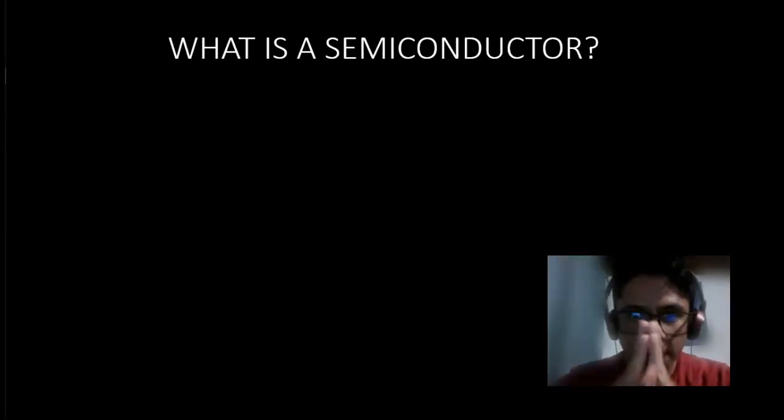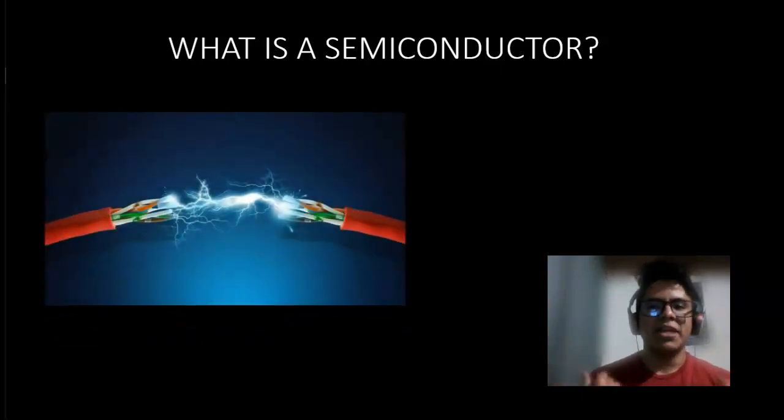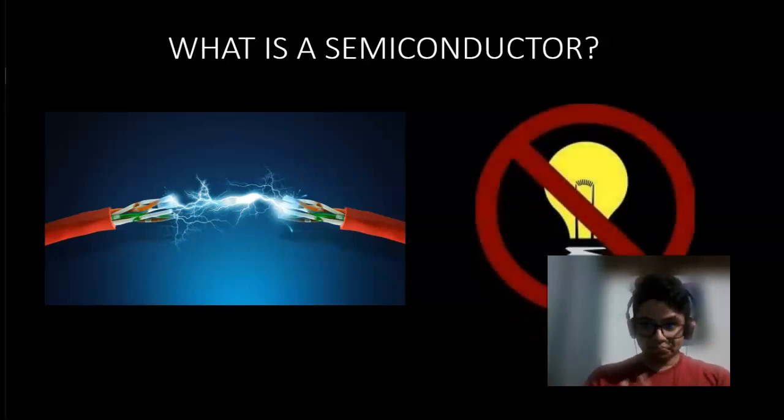Well, a semiconductor is any material that can act both as a conductor, allowing the passage of electric current, or as an insulator, preventing it, depending on several factors such as the ambient temperature, the type of atomic structure of the cell, or the electric or magnetic field to which it is subjected.